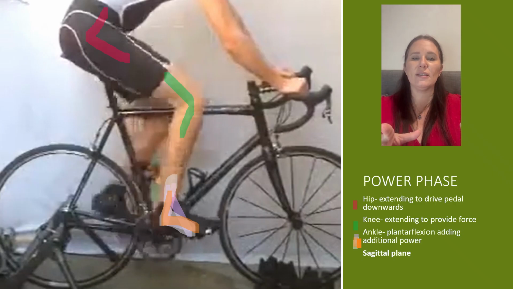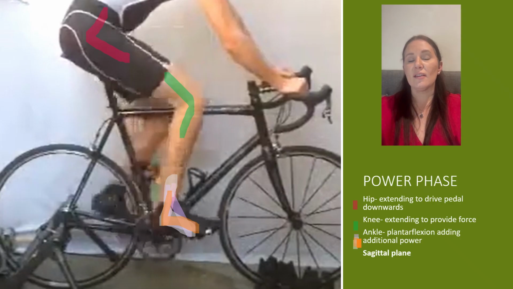The power phase is when most of the extension is happening. In this phase, as you can see from the image, the hip is extending, so it is lengthening. Through that hip extension, it's giving power to push that pedal down. The knee is extending, and this is providing a lot of force.